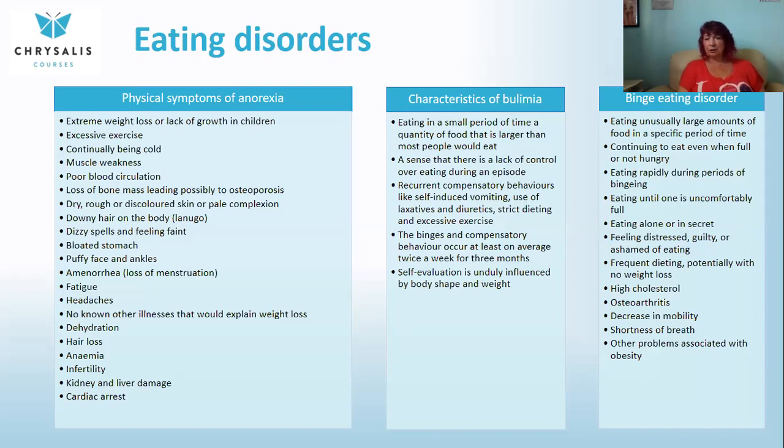And recurrent compensatory behaviours like self-induced vomiting, use of laxatives and diuretics, strict dieting and excessive exercise. And the binges and other behaviours occur at least on average twice a week for 3 months. And their self-evaluation is unduly influenced by their body shape and weight.